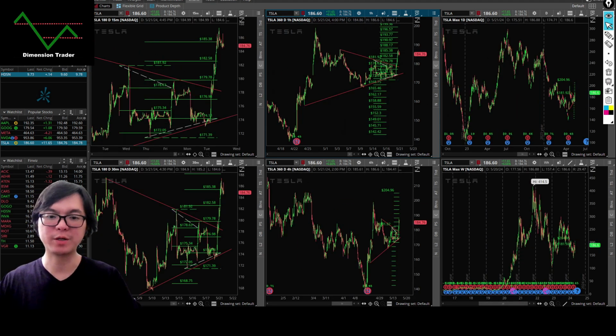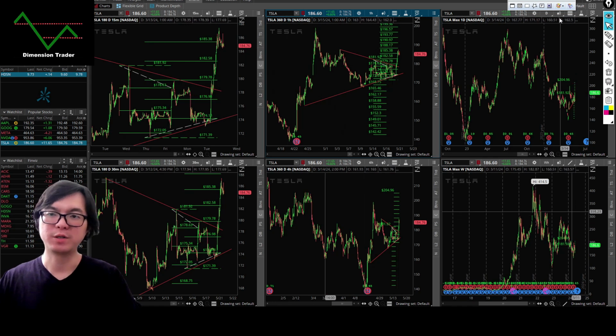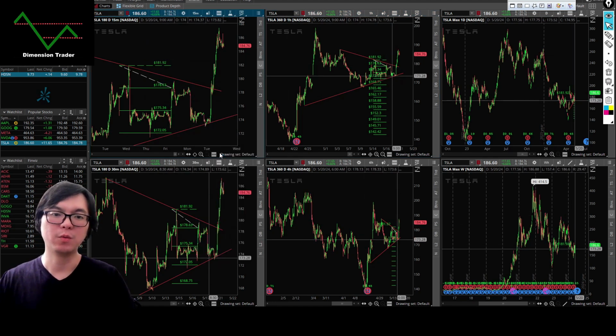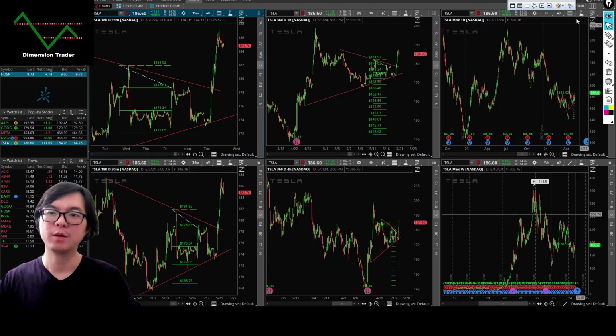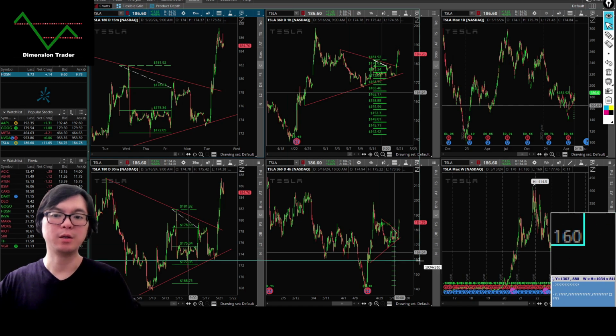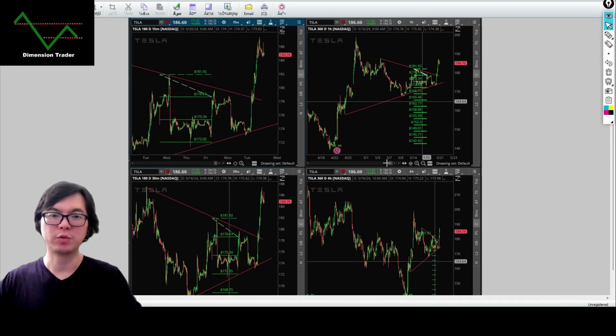Let's do a quick example. For example, from the last time we saw the Tesla, this trade was a scalping short in this area. So we take a snapshot and copy this picture.